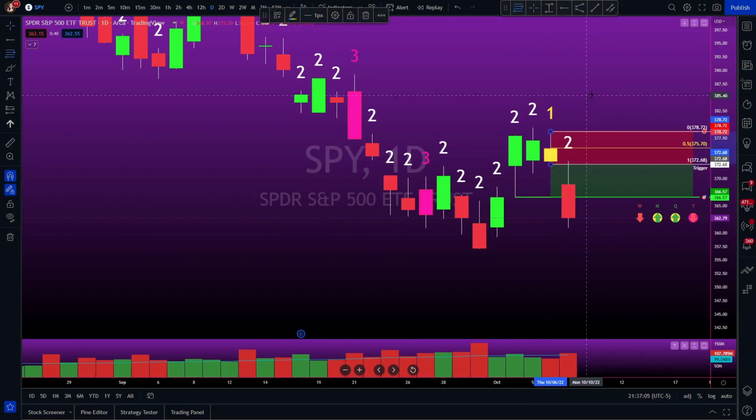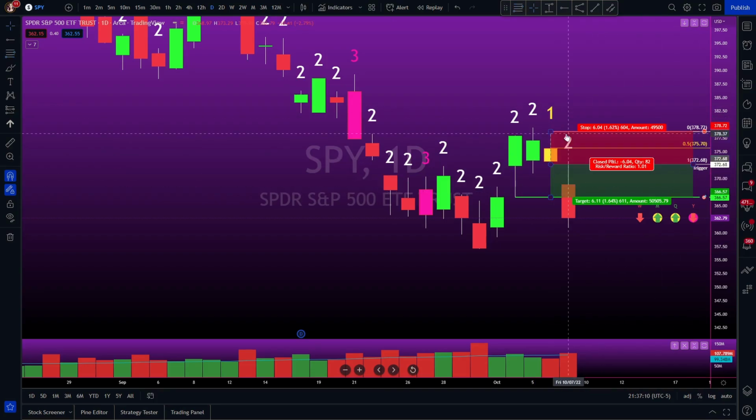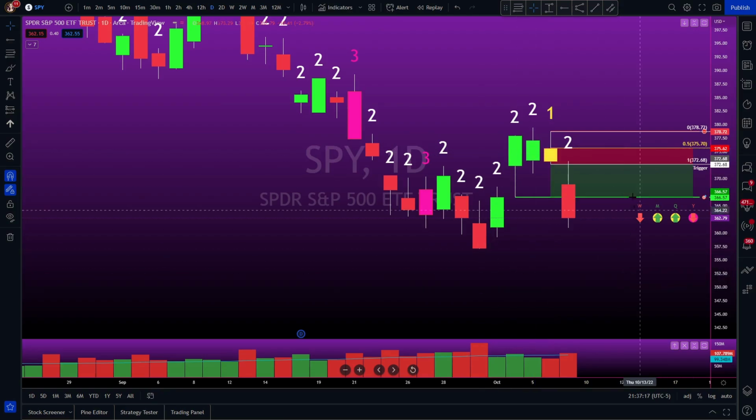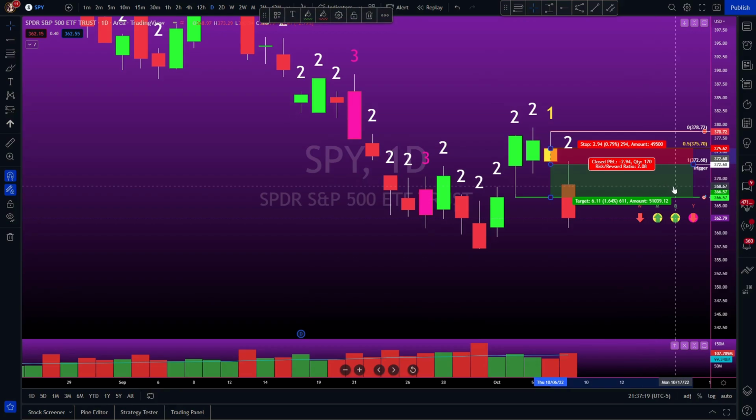Let's say you're using a 50% stop, so anything under 375.70. Okay, so you could short 170 shares of SPY and only risk $500. So your position sizing based on which stop you're going to use will affect your position size.